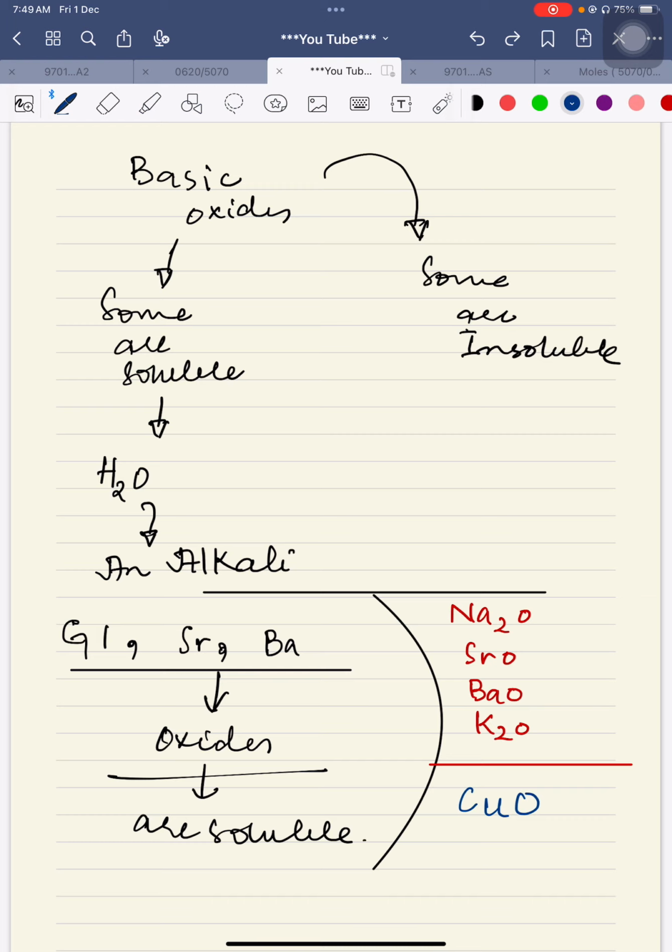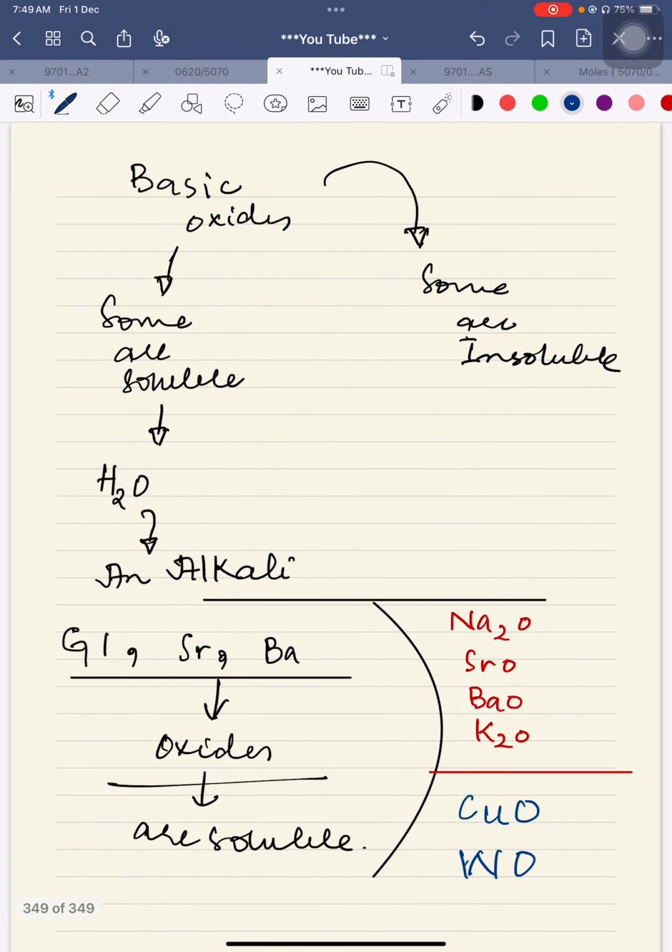So we can take the example of tungsten oxide. Tungsten oxide is also considered a metallic oxide, but it is insoluble. So only the oxides of group number 1, strontium and barium are soluble, and the rest of the oxides of the metals are insoluble. So they are basic oxides, but they are insoluble.